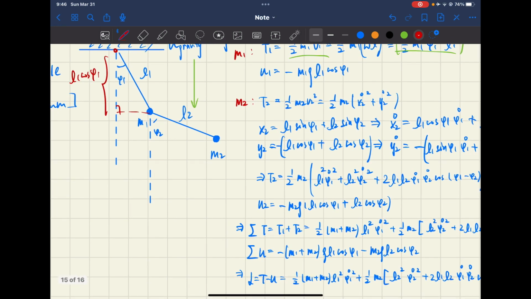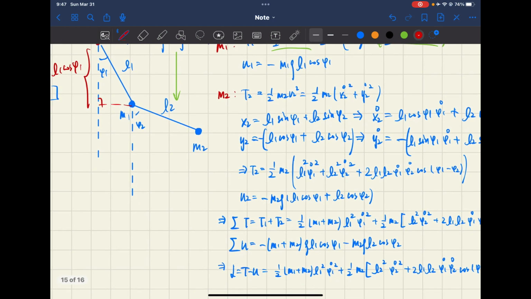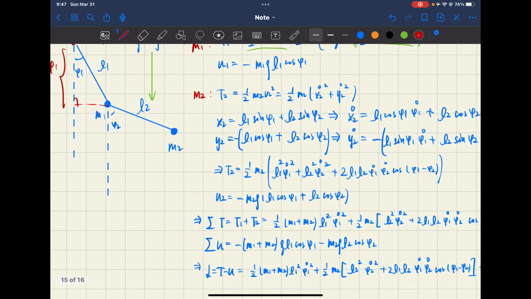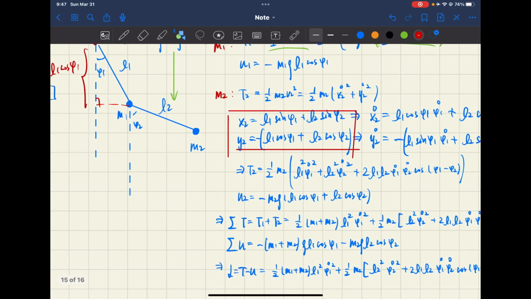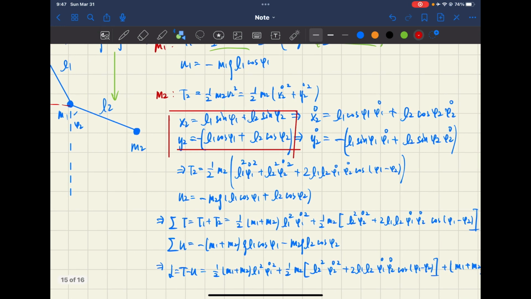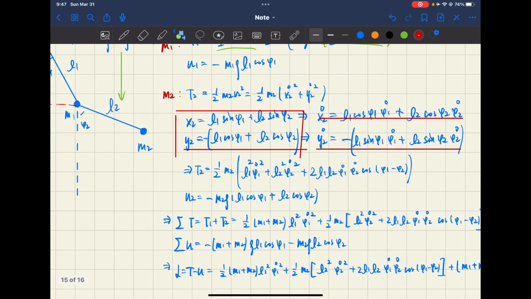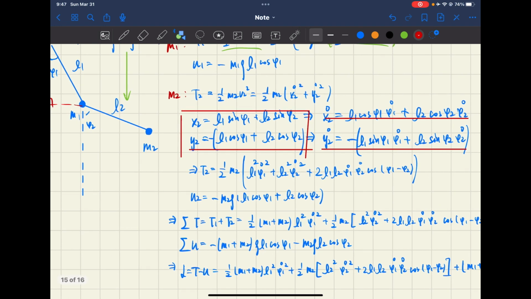So for the second ball, the coordinates are over here. It's simple geometry, and after taking the first order derivative, we get this. These two terms are the velocity of the second ball in the x direction and y direction.